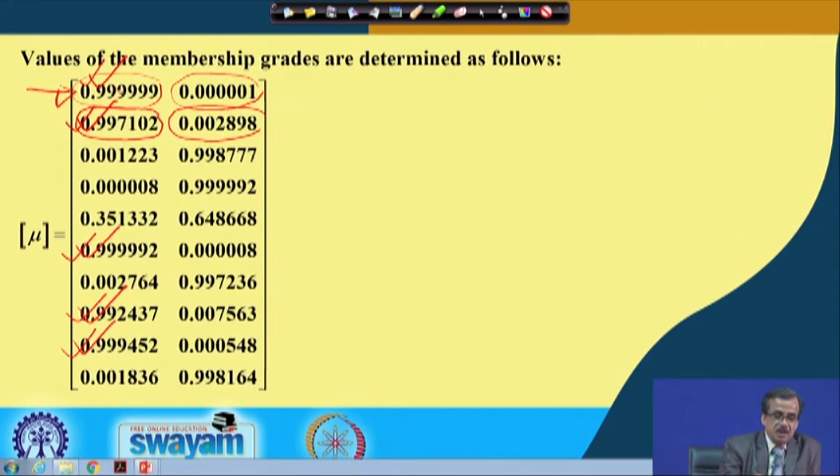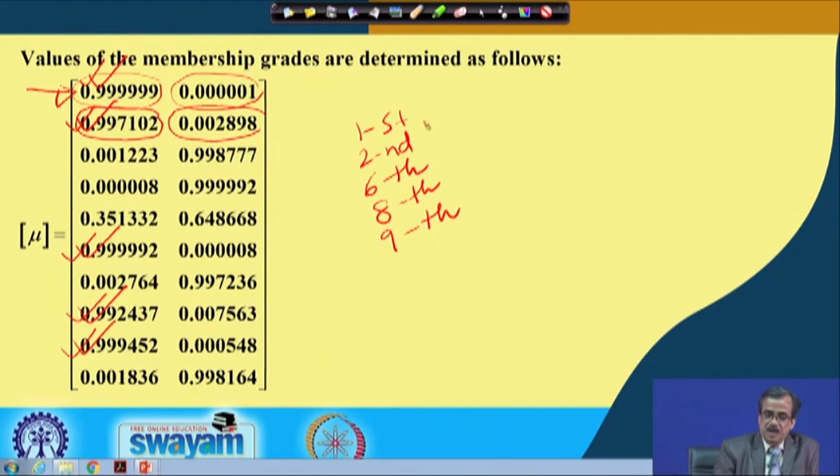That means the first, then the second, third, fourth, fifth, sixth, seventh, eighth and ninth are forming a particular group.